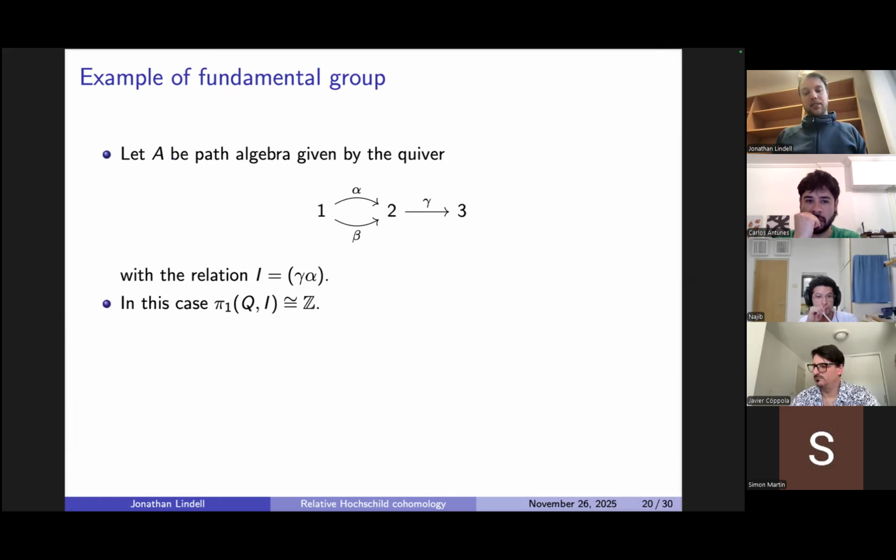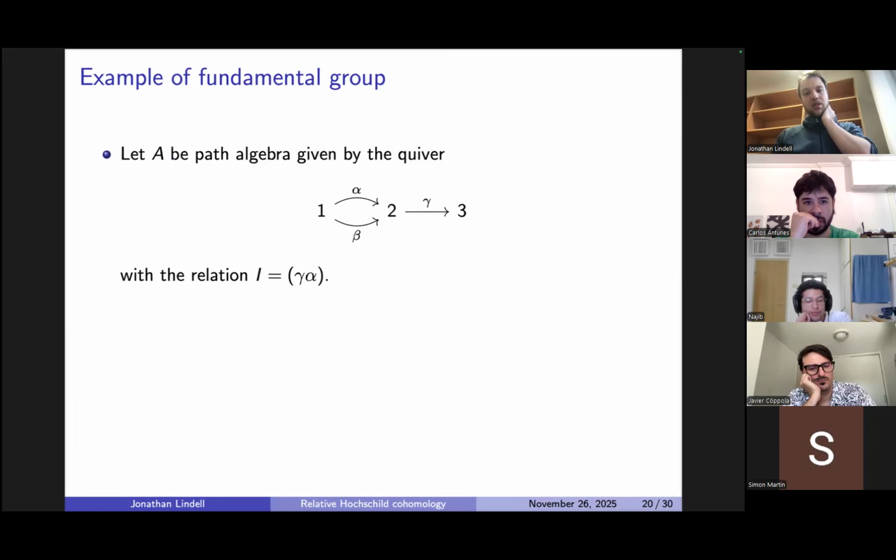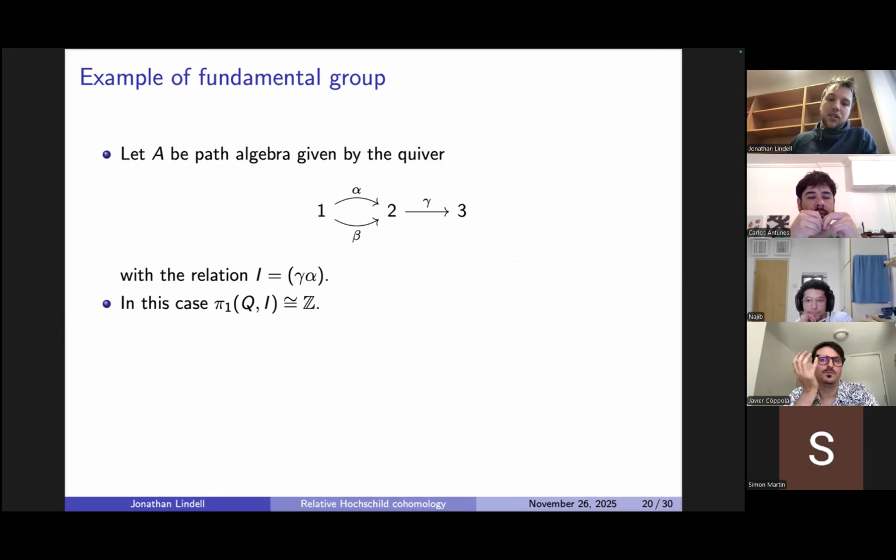Then, since it's monomial, the second elementary homotopy won't come into play since no such sums appear. So it's only the first one. But since we have a hole given by the Kronecker part, topologically this is just a circle. So pi1 of our quiver with respect to the ideal is just isomorphic to Z.